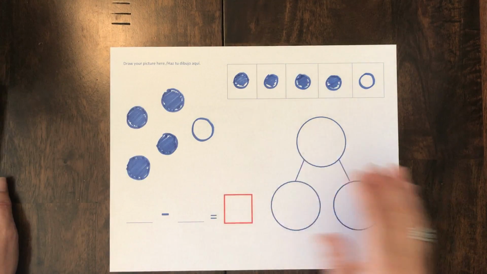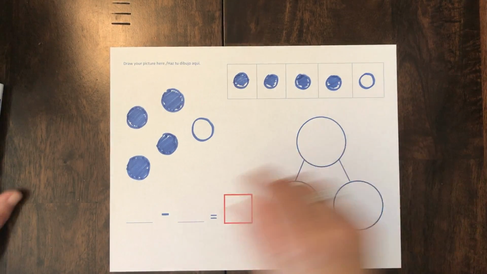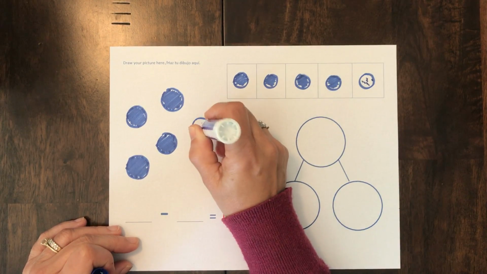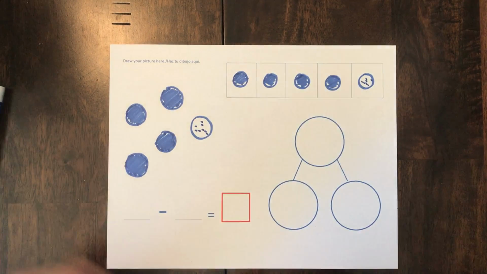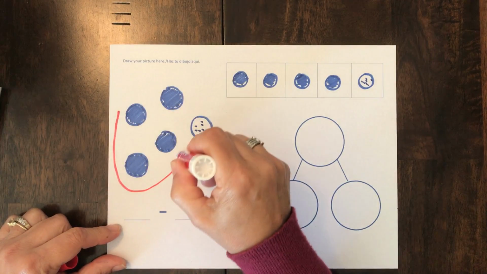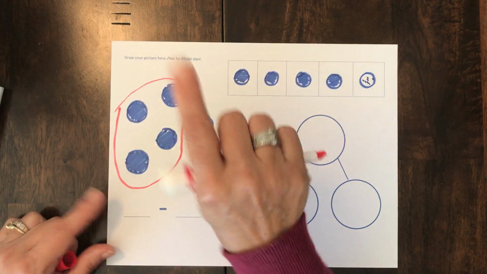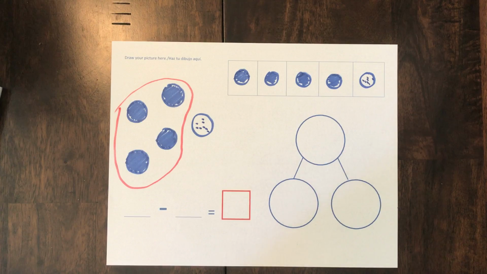So now when I look at my picture, I can tell right away that 1 is a chocolate chip cookie. So I'm going to draw my little dots for my chips. And now I can tell that this part is my Oreo part, and this part is my chocolate chip part. So here I go, and I'm going to fill in my number sentence.